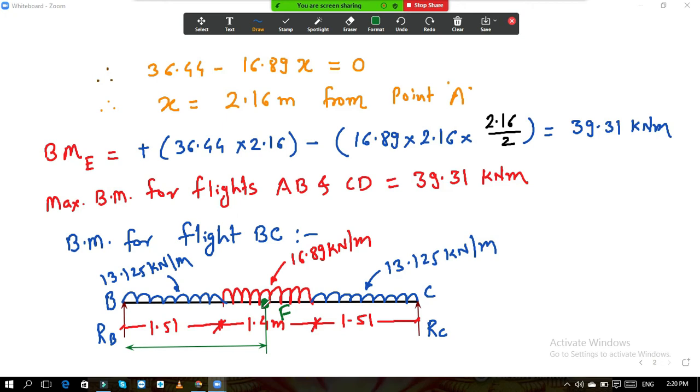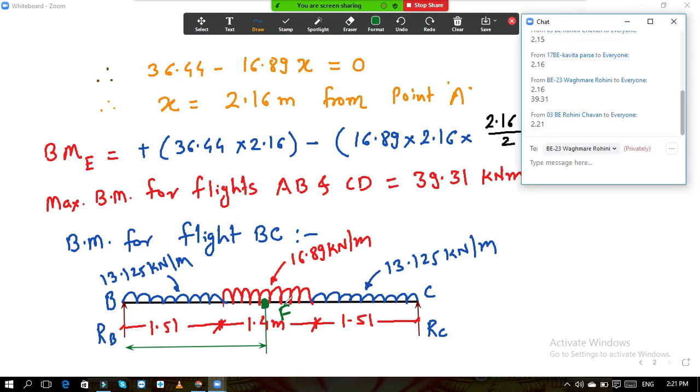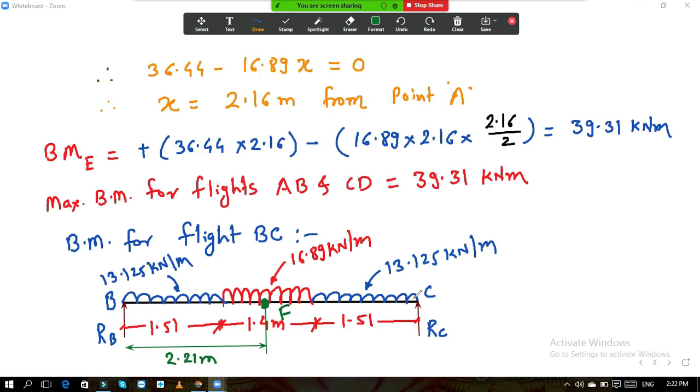So 1.51 plus 0.7. It is 2 point something. How much it is? 2.21. So this distance is 2.21 meter. Now calculate RB first. To calculate RB, we will take the moment of all the forces about C equal to 0.